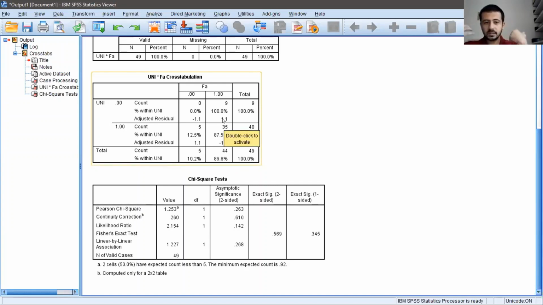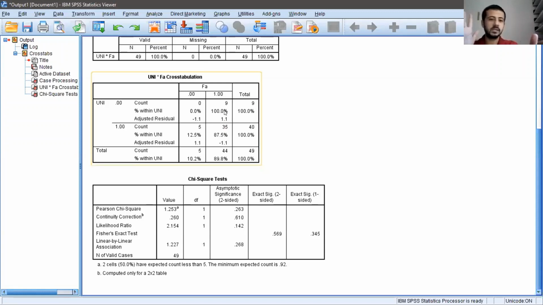The Z value tells us what is the difference of this number, the 9, or this percentage, the 100, from the expected count. It is higher than the expected count, but how much higher? They took the difference.